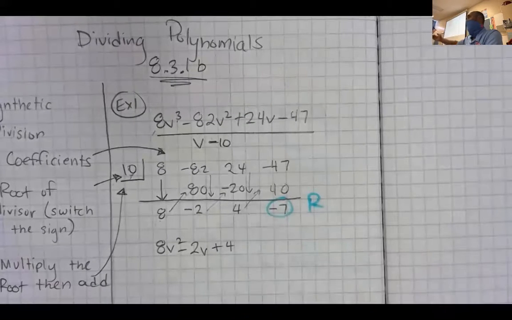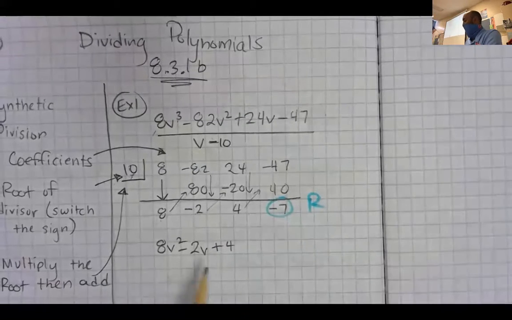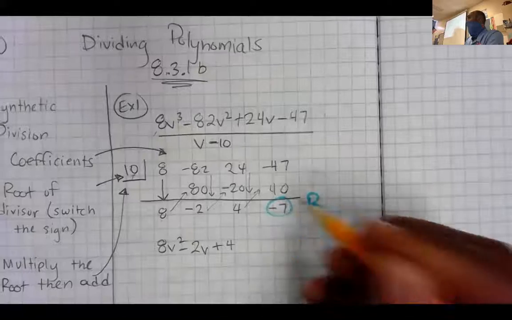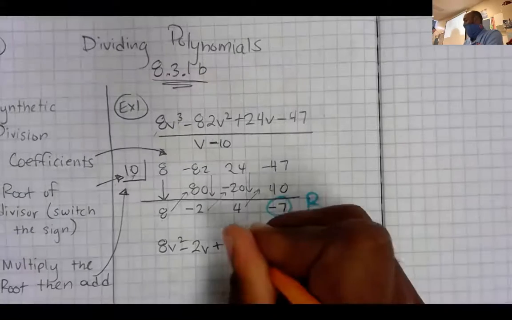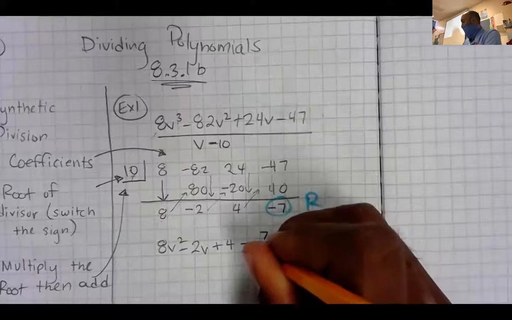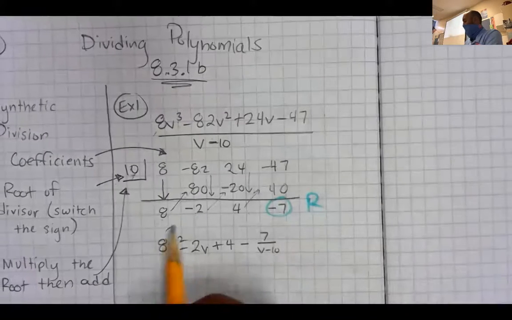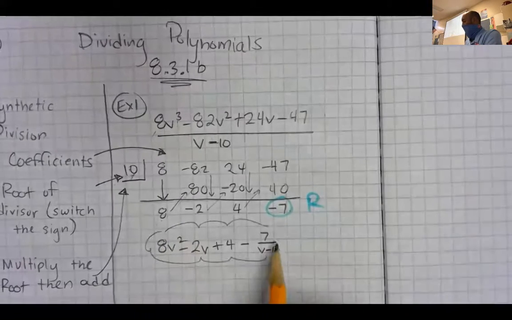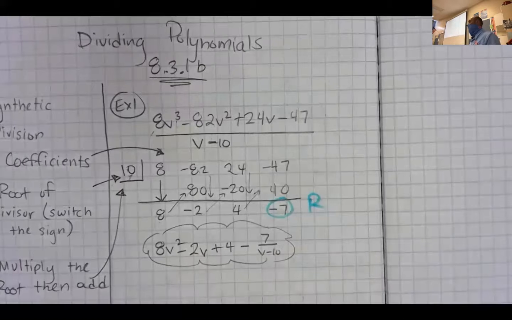This one doesn't have a variable, right? And then the last part is your remainder, and you do that the same, just like yesterday. So here I do minus 7 over the divisor. Okay, so that's the result. That's your quotient. That's what you get.